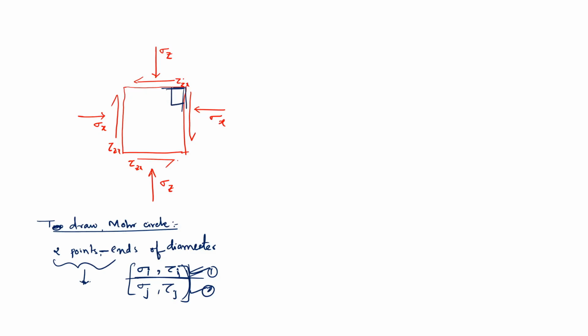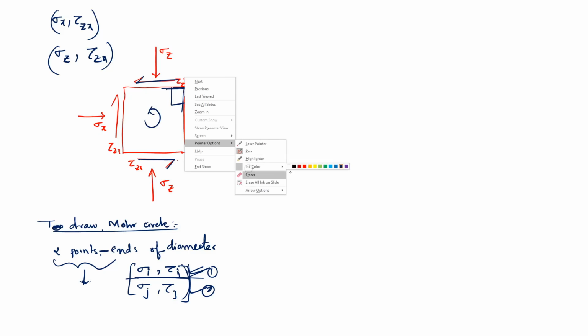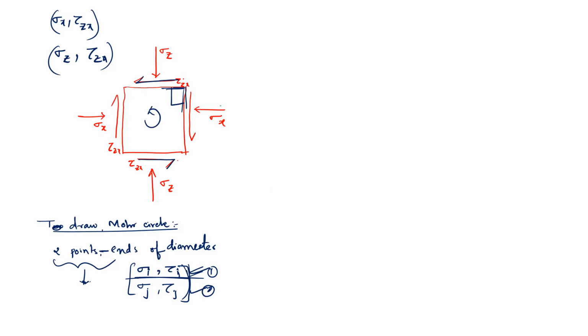Then you have the 2 points: sigma x comma tau zx and sigma z comma tau zx. But here, which is negative? This couple is making anti-clockwise, and the other is also making anti-clockwise, so one of them should be negative.